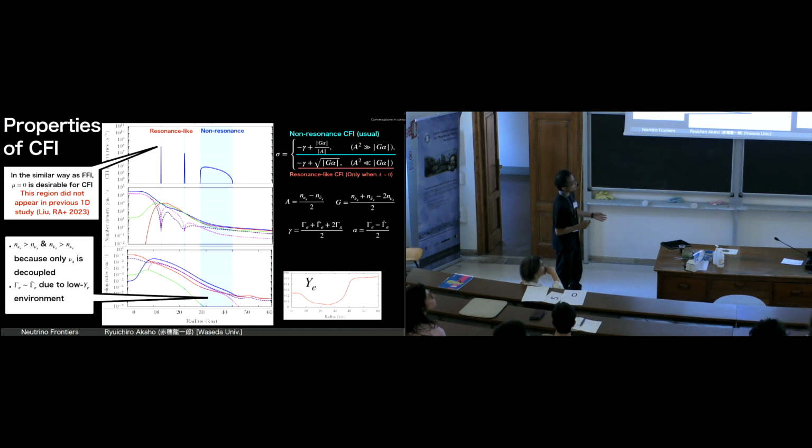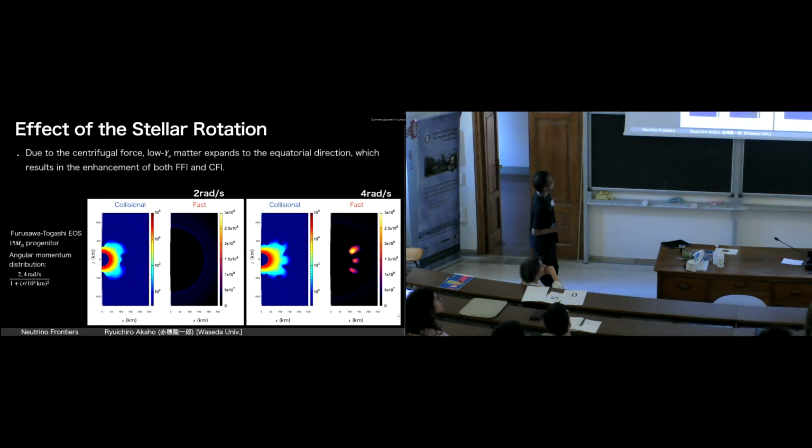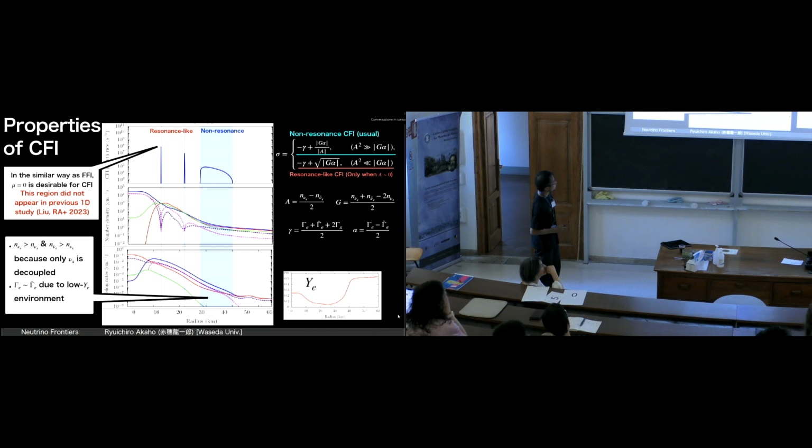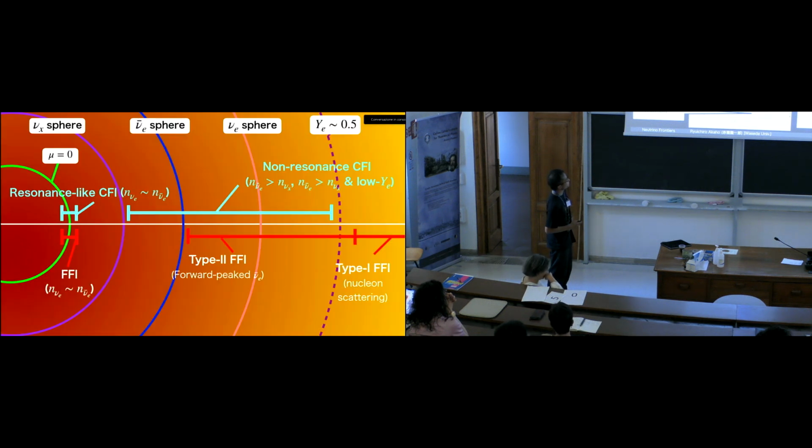So I will call this upper part the non-resonance CFI and this lower part the resonance-like CFI. And we found both of them, and I think the origin of this collisional flavor instability is too complicated to explain here, but yeah, we found both types of collisional flavor instability.